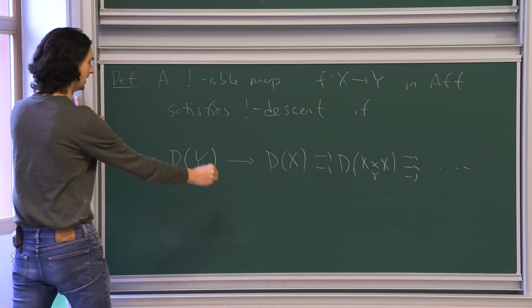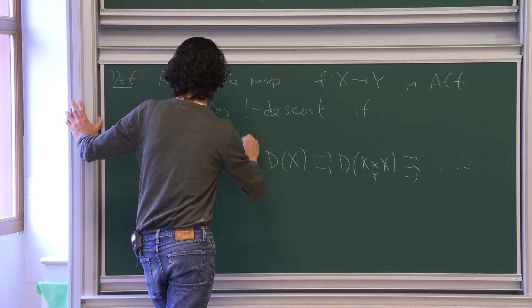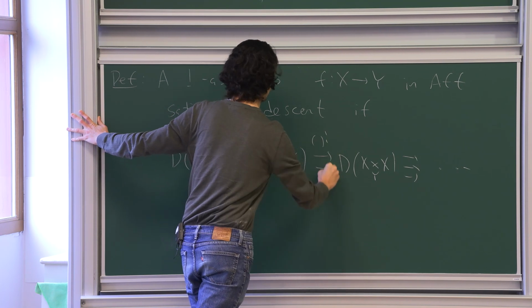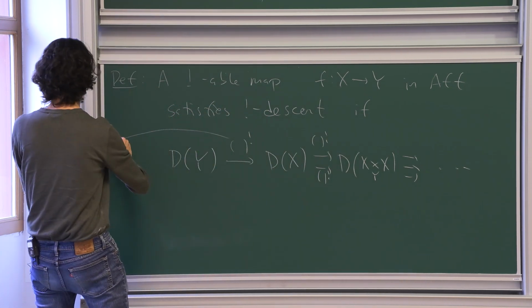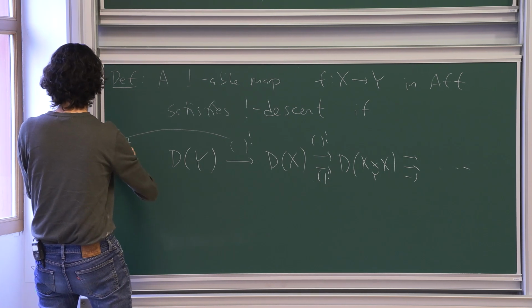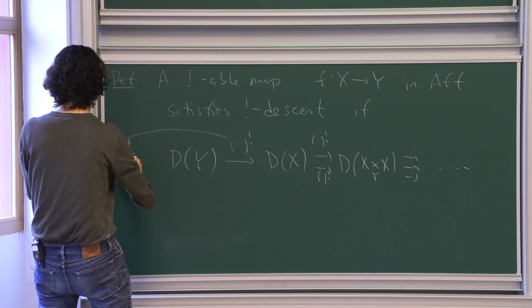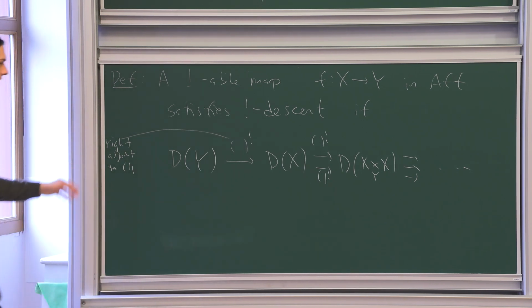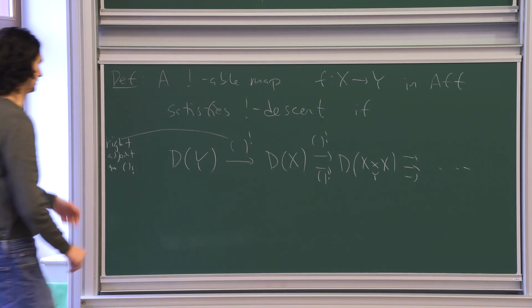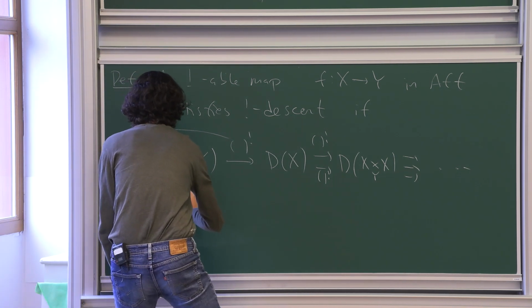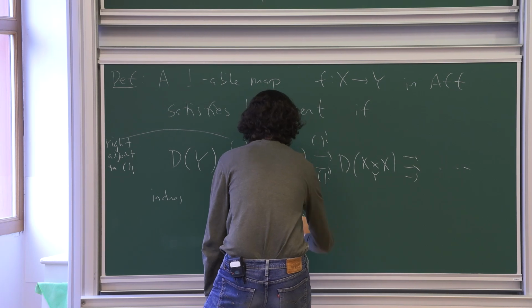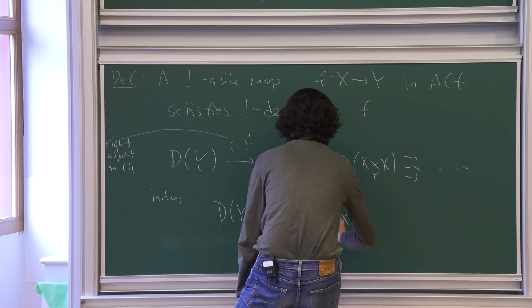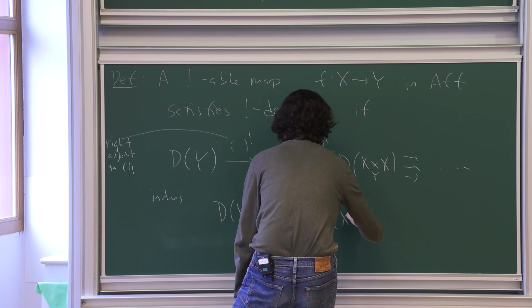And here you use the upper shriek functors to define this diagram, upper shriek being the right adjoint to lower shriek in every case. So this induces a map to the limit of the D of X^n over Y.